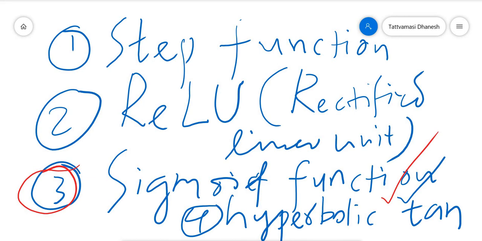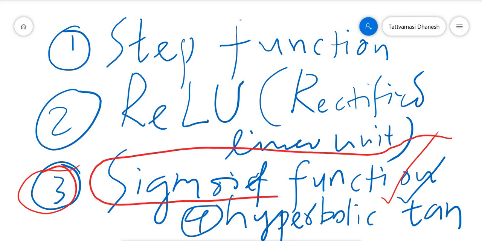The most commonly used activation function is the sigmoid function.